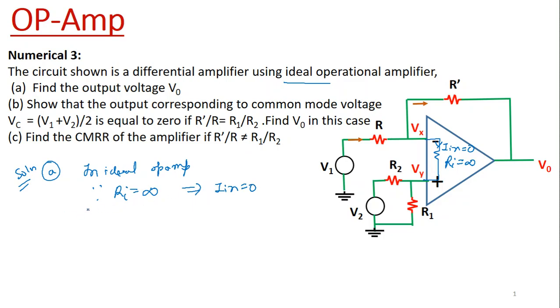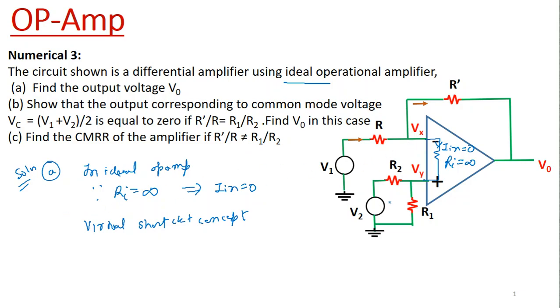And one more concept we have studied for ideal operational amplifier, that is virtual short circuit concept. What is this virtual short circuit concept? According to this concept, if the non-inverting terminal of the operational amplifier is at some potential, then the inverting terminal will be at the same potential, means the voltage at the non-inverting terminal will be equal to the voltage at the inverting terminal.